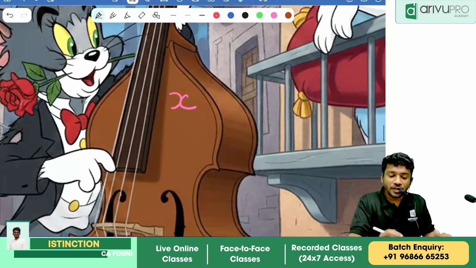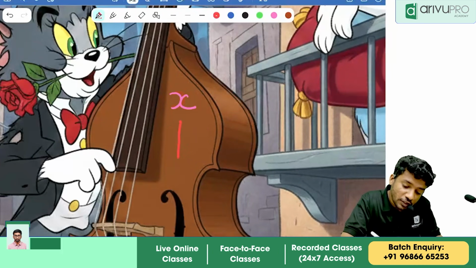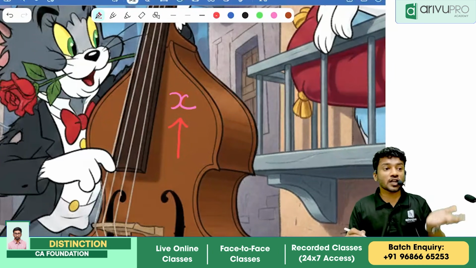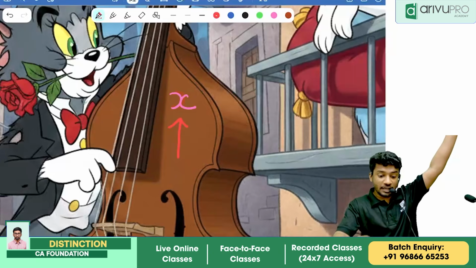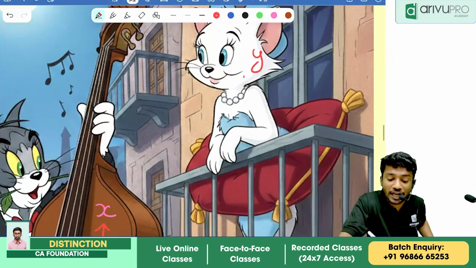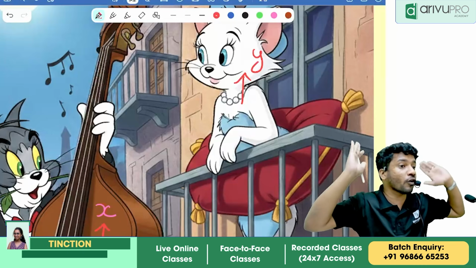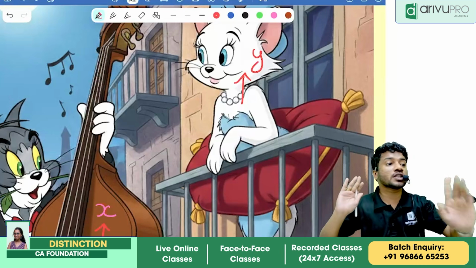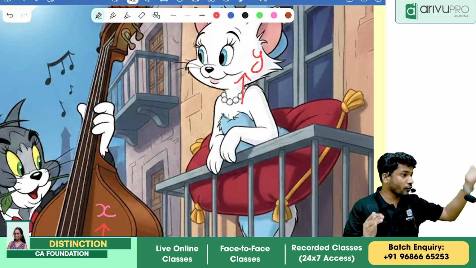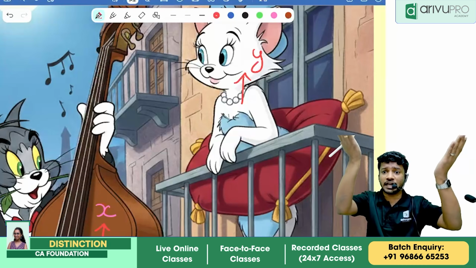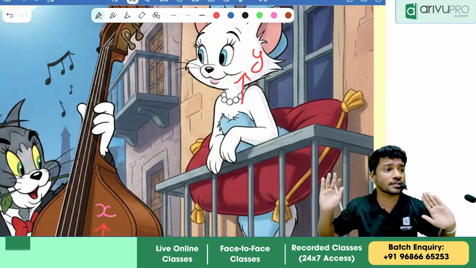Now, people, he started singing. He started singing a lot. X started increasing. If x started increasing and y also started increasing, her interest also goes up, that type of correlation is called positive correlation. One variable increases, the other variable increases. That type of correlation is called what?